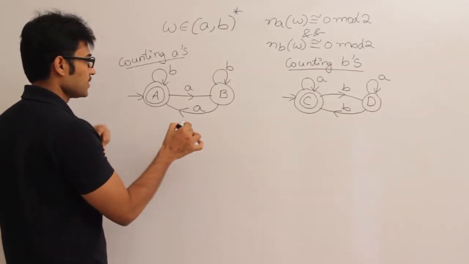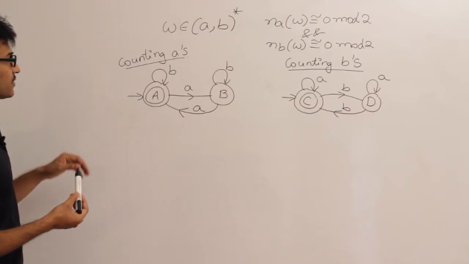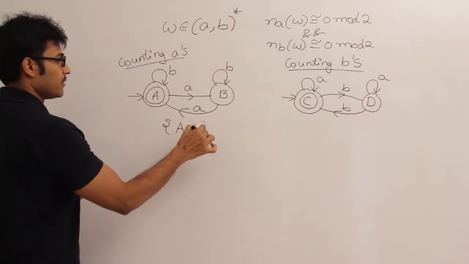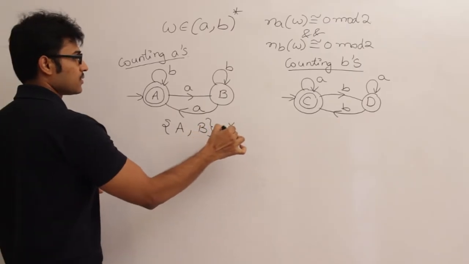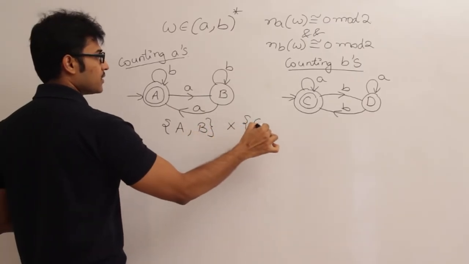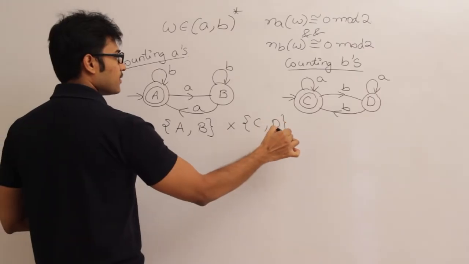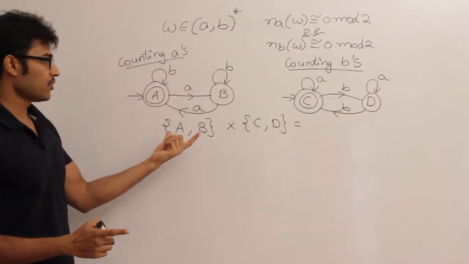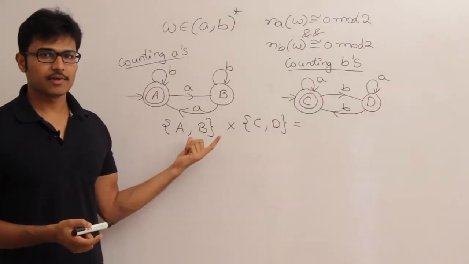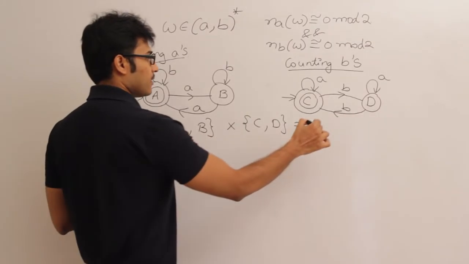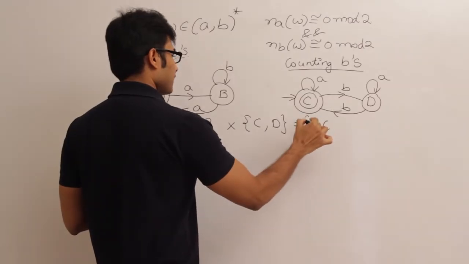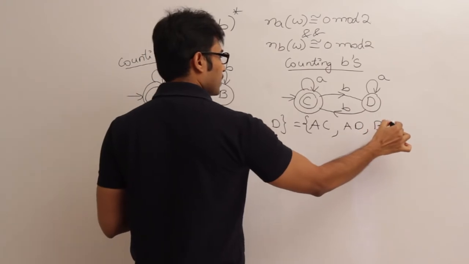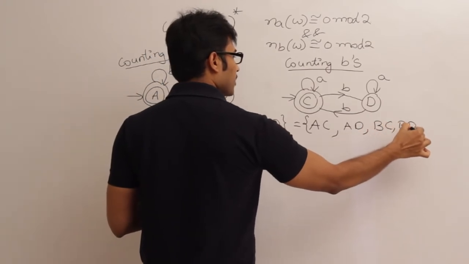First write the states of the first DFA, A, B, cross, then write the states of the second, C, D. This gives a cross product, so I am combining two sets, and I get ordered pairs: AC, AD, BC, BD.